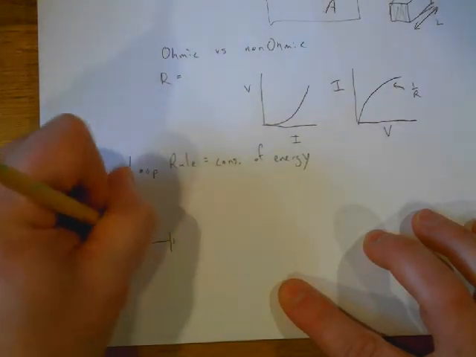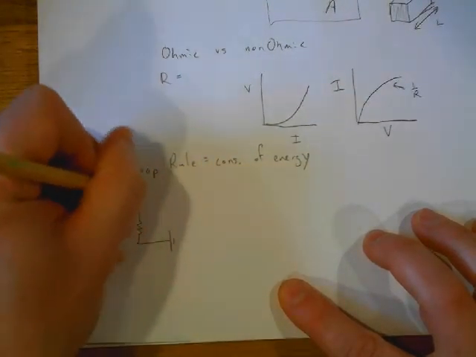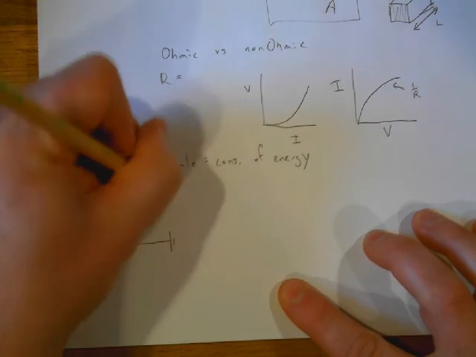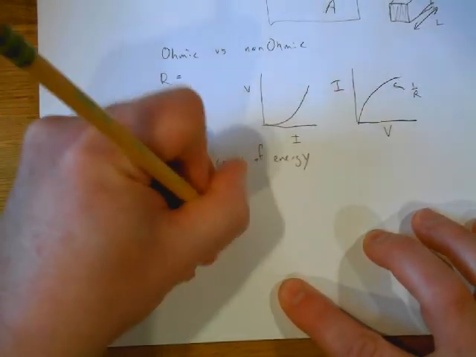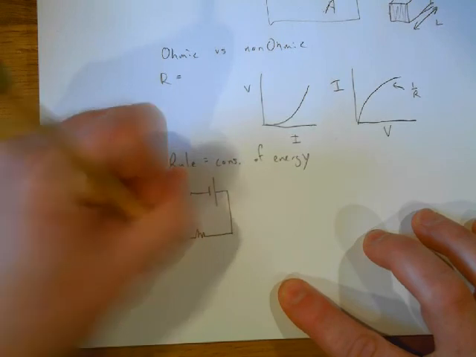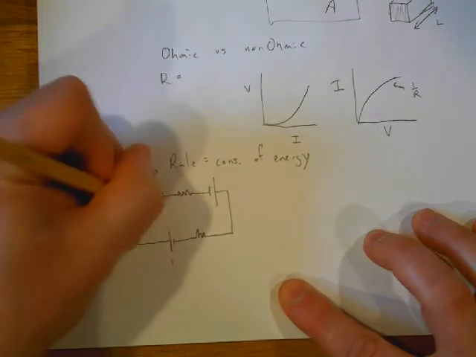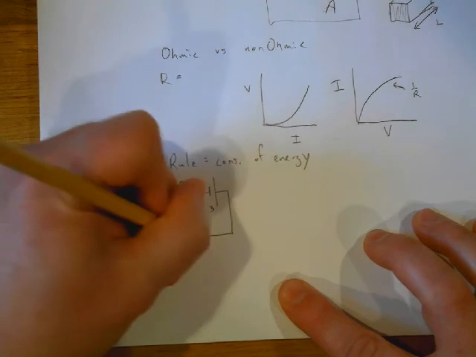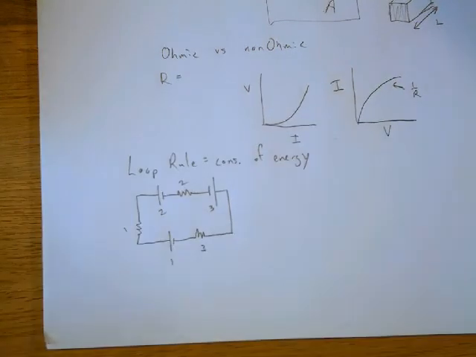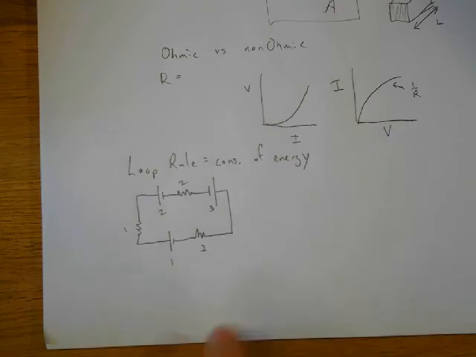Remember, though, for this class, we had more complicated loop rules. So let's say I had something like this with some batteries in it, and maybe I had another thing here, and maybe another resistor, and I call this battery 1, battery 2, battery 3, resistor 1, resistor 2, resistor 3.